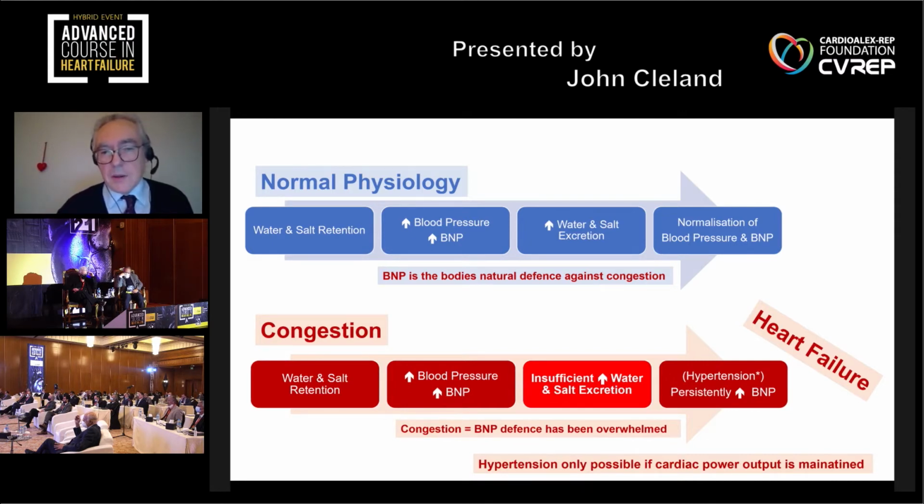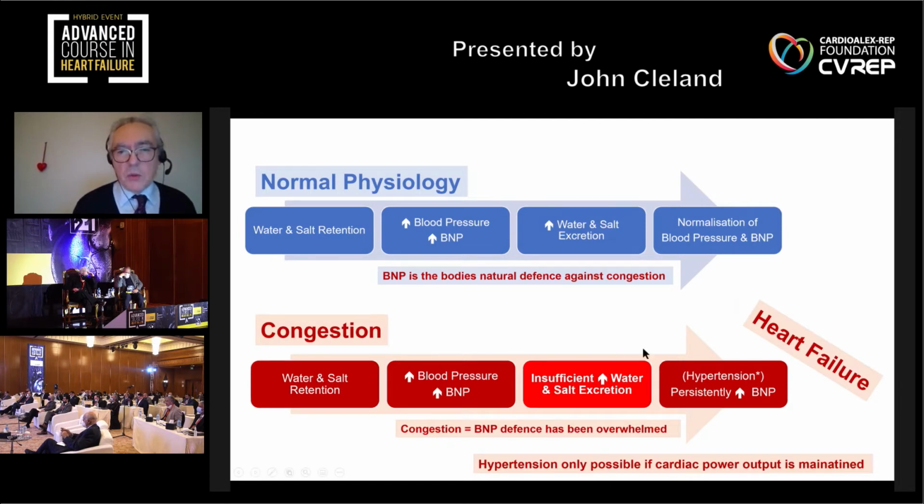By that, if there is a cardiac dysfunction, you won't be able to elevate the blood pressure in the way that's expected in order to excrete that salt and water load. And ultimately, that's what leads to heart failure.